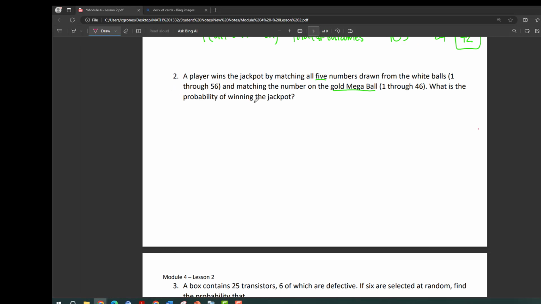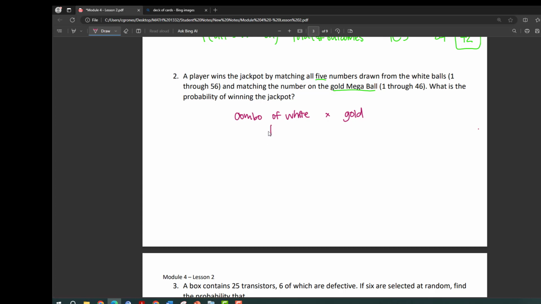So we're going to find the probability of winning this jackpot. What we just looked at only shows matching the first 5 numbers. It doesn't show also getting the mega ball. So what we're going to do is take the combination of the white and multiply it by the gold. So it is a combination, so we're using the nCr formula. And like I said, we're going to multiply.